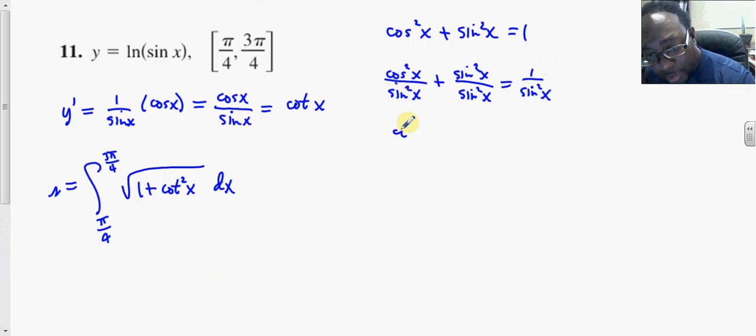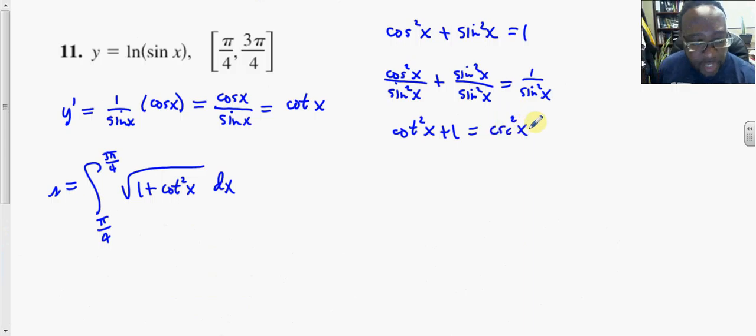So cotangent squared x plus 1 is equal to cosecant squared x. So that's what that is.